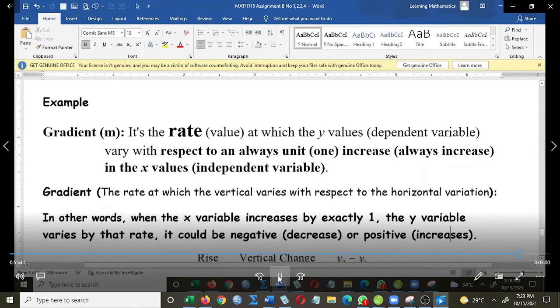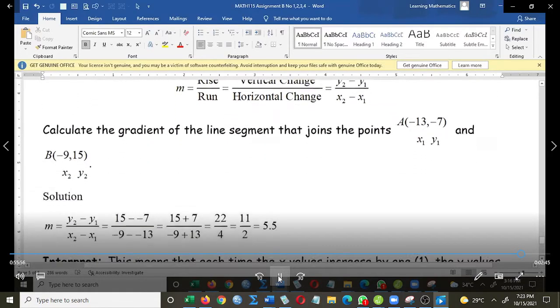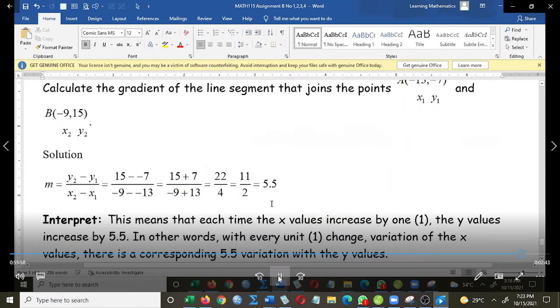Very important word. That's how it's calculated. Rise over run. Two variables interplaying with each other. Vertical change, horizontal change. y2 minus y1 over x2 minus x1. Calculate the gradient. So you just apply the formula.